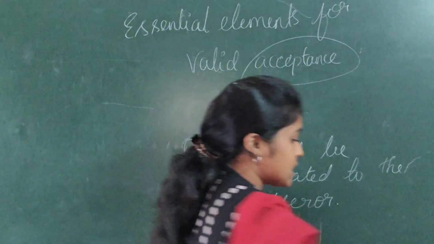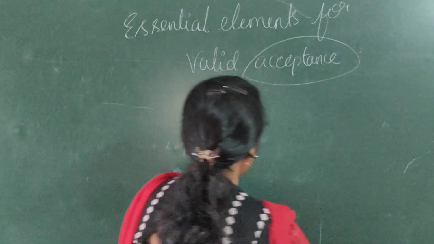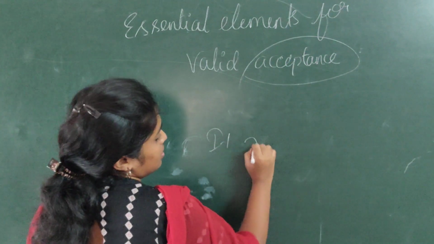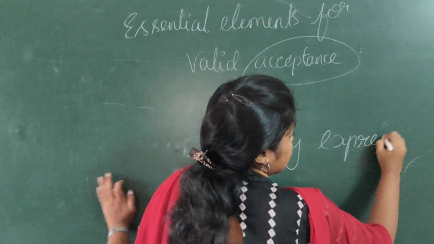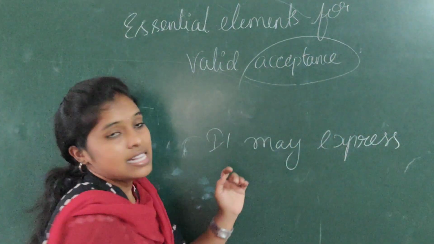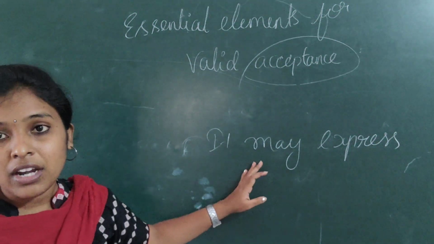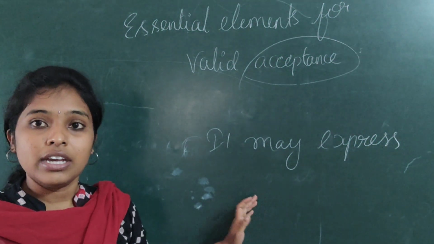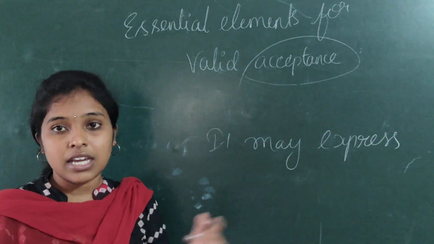Clear? And the next point is it may be expressed. So the acceptance may be expressed in a written format or in an oral format. In both ways the acceptance can be done.